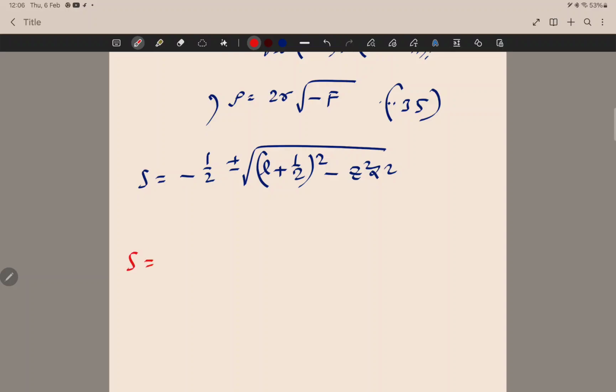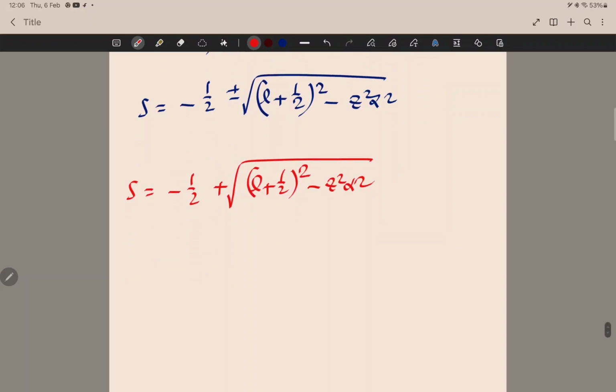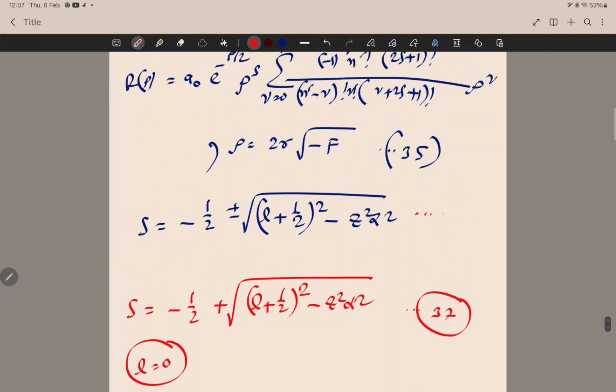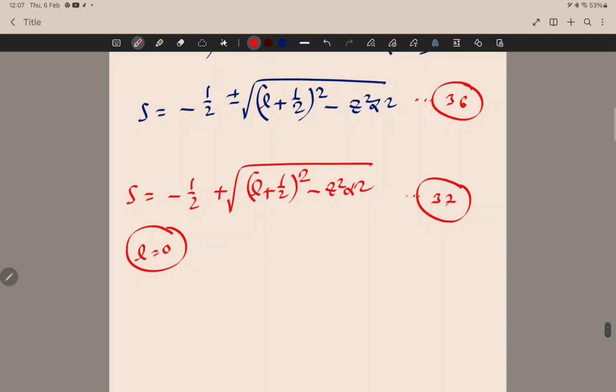Then s equal to minus 1 by 2 plus root under (L plus 1 by 2) whole square minus z square alpha square. This is equation number 36. In the non-relativistic limit s equal to L, as it should be. However, for L equal to 0 state, s is negative. This is equation number 37.